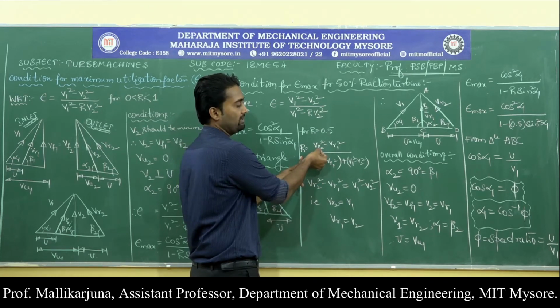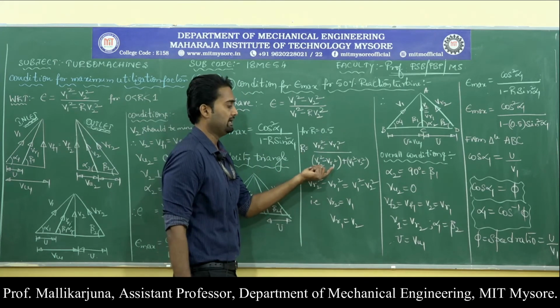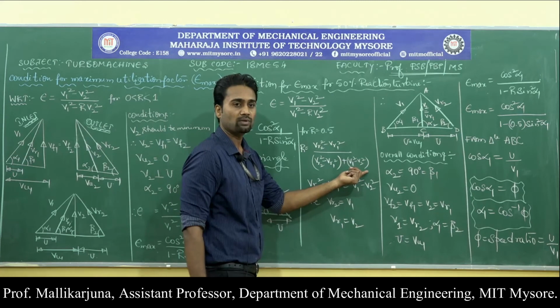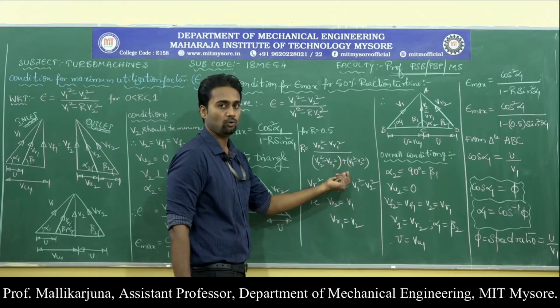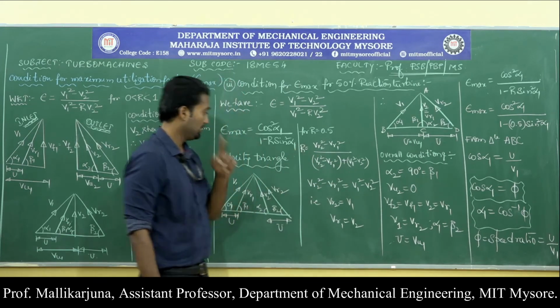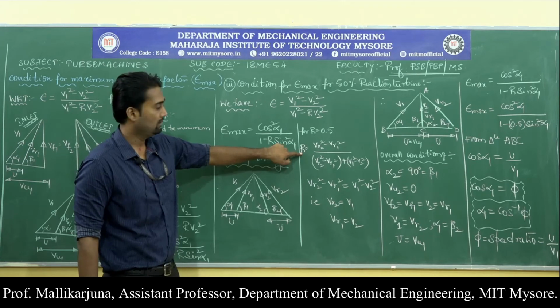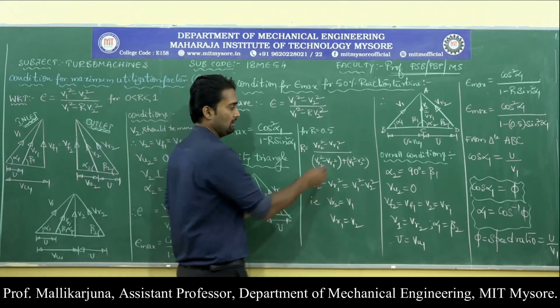Static head is given by VR2 square minus VR1 square, divided by static head VR2 square minus VR1 square plus dynamic head V1 square minus V2 square. Dynamic head plus static head becomes total head. So now I need the value of R as 0.5, I mean half. For that I need to look for the condition. What is that condition?